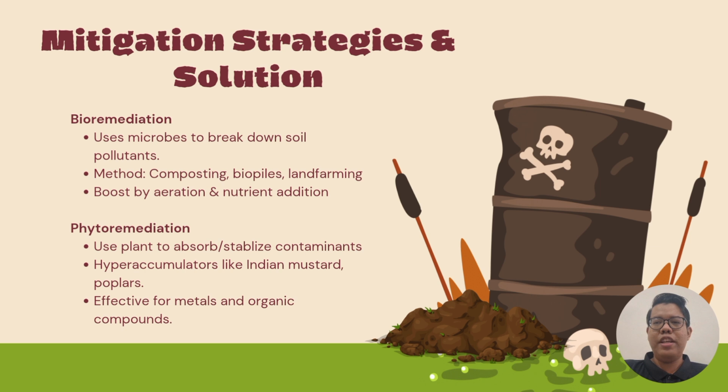Meanwhile, phytoremediation employs plants, especially hyperaccumulators, to absorb and stabilize pollutants like heavy metals and organic compounds. For instance, plants like Indian mustard and poplars have been used successfully to treat contaminated sites. These methods are eco-friendly, but they require time and space, and are most effective for low to moderate contamination levels.